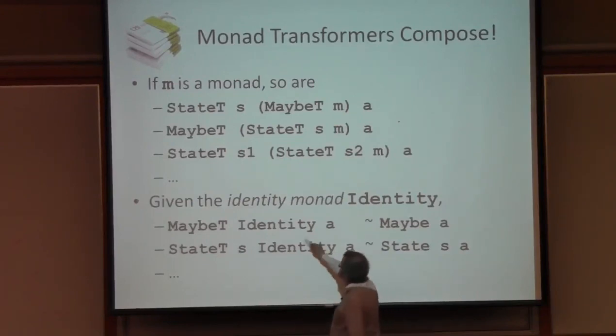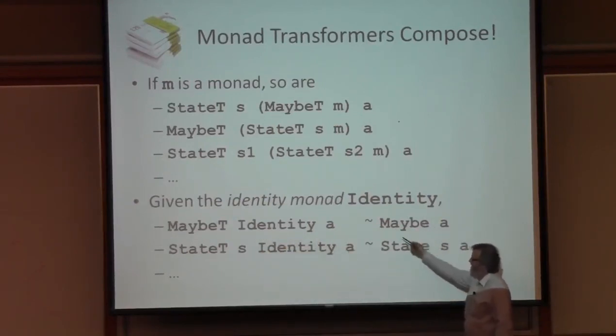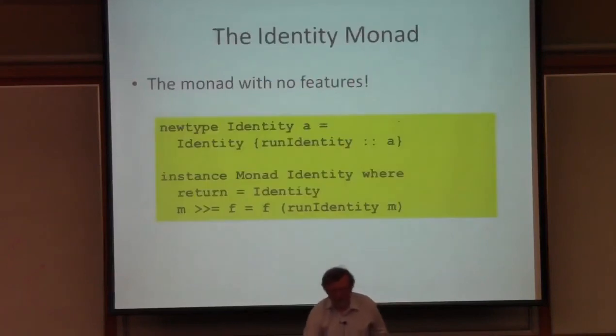And indeed, maybe t of identity behaves exactly like maybe, and state t of identity behaves exactly like the original state monad. What is the identity monad? Well, it's basically identity of A is isomorphic to A. So it doesn't add any features at all. The return operation is the identity function, modulo the isomorphism, and bind is just function application.